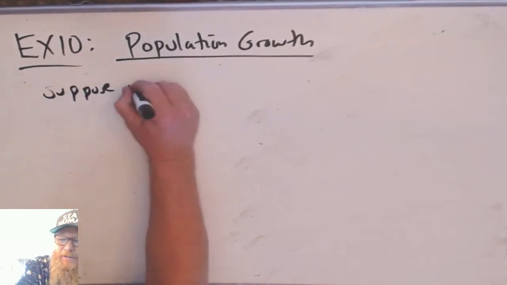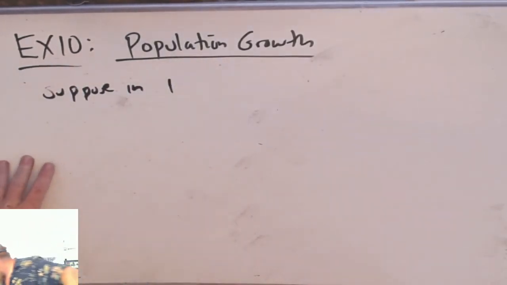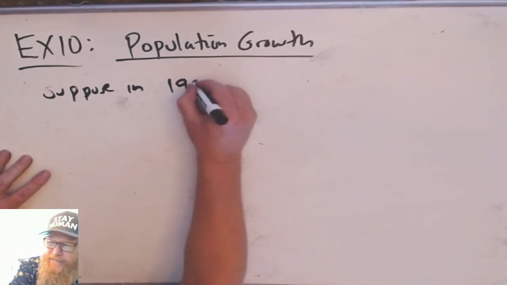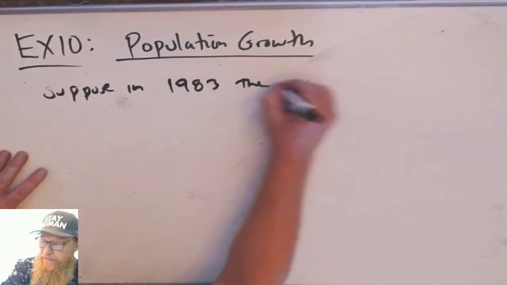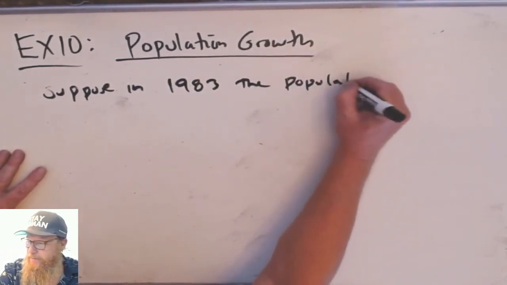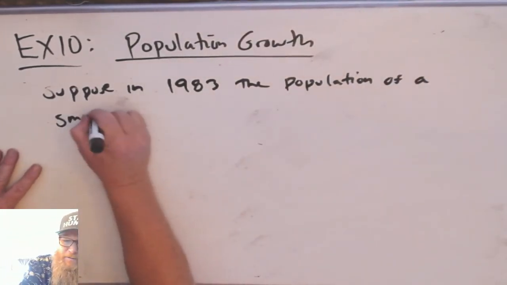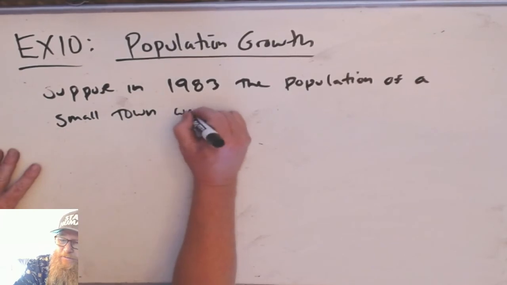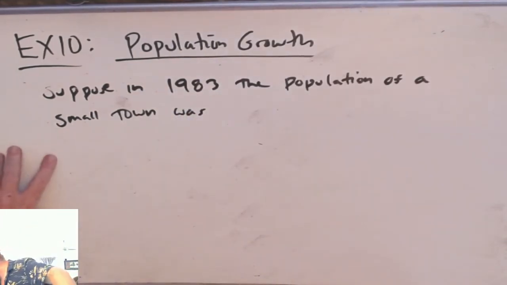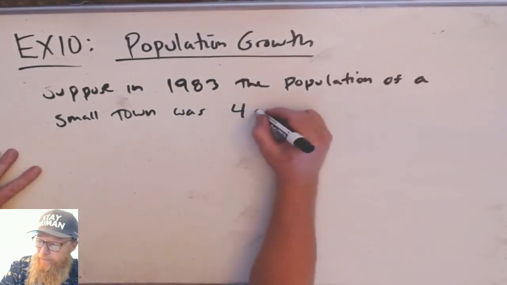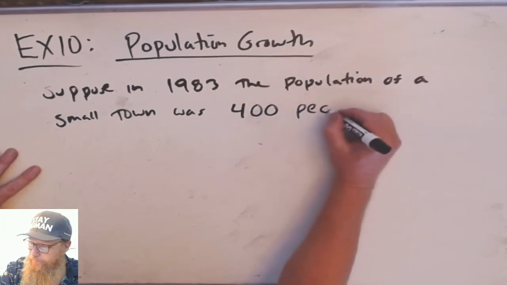Suppose in 1983, the population of a small town was 400 people.